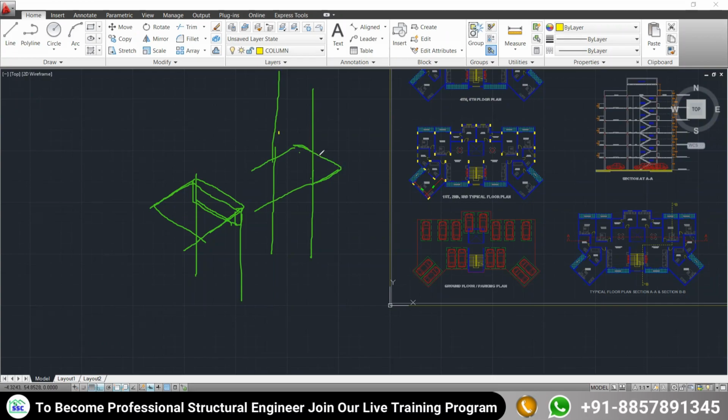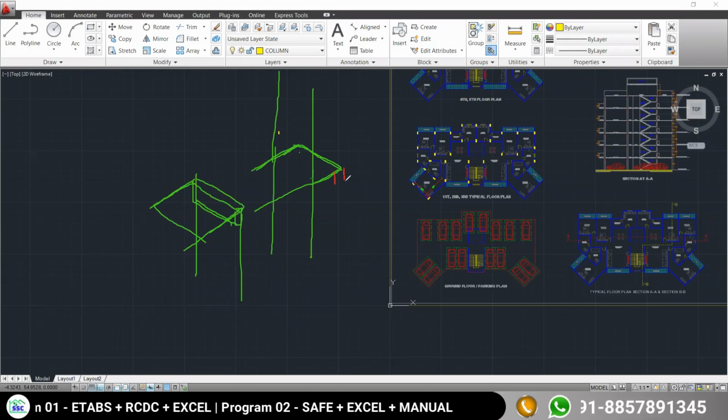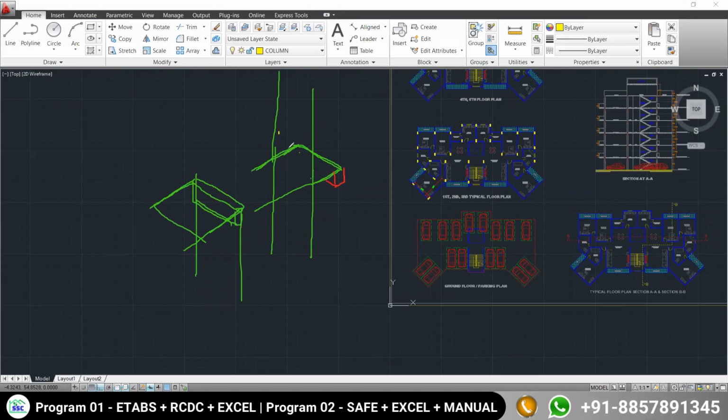So to provide the platform to this mid landing slab, we need to provide the beam, and the beam will come under this slab, the mid landing slab. So to provide the support to this mid landing beam, we need to provide one projected cantilever beam from both of the sides.